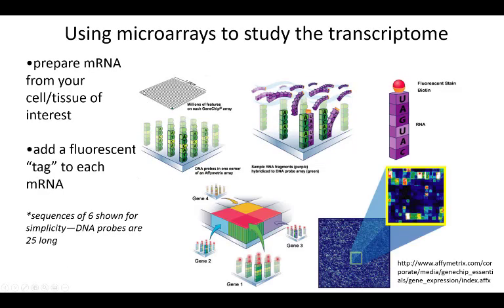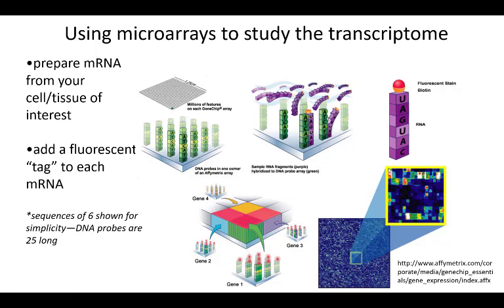The way this works is that this gene chip has this grid of lots of little spots of DNA, and you start out with RNA from your tissue of interest. You would add a fluorescent molecule onto that RNA, shown over here, and then you would hybridize that RNA to the gene chip. That fluorescent RNA can then bind to particular spots on that gene chip, and wherever it binds, it brings in a fluorescent signal.